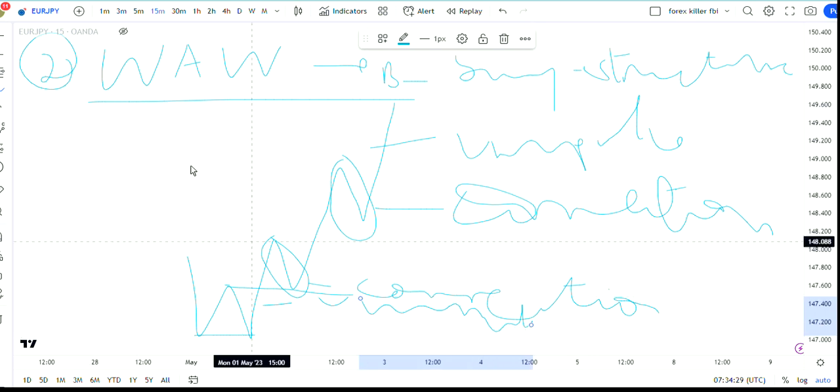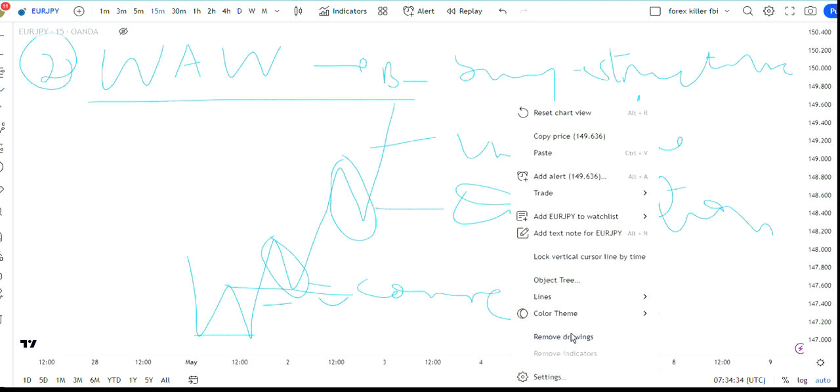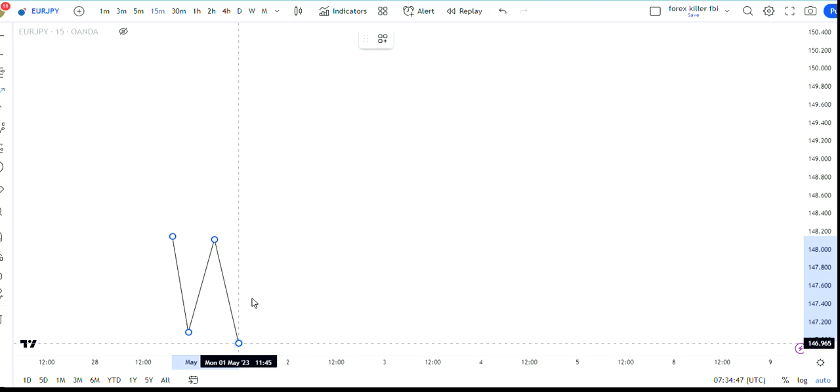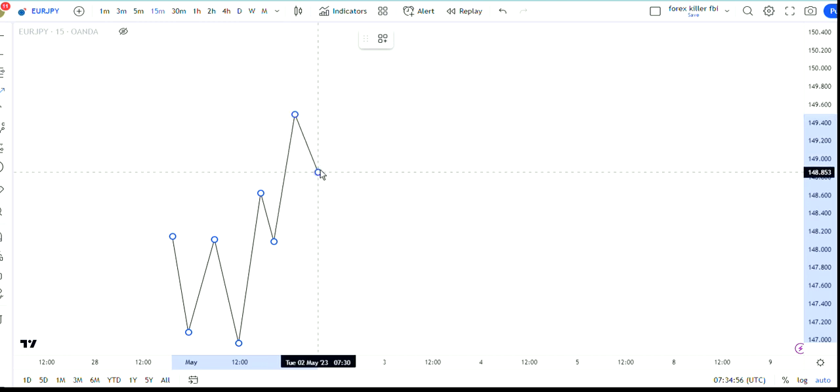So if we have this structure, look here below. Let us use this path here. If the market is moving in this direction, we will be having this structure. This will be the W, then this will be our neckline. Then the market will be moving in an impulsive way.